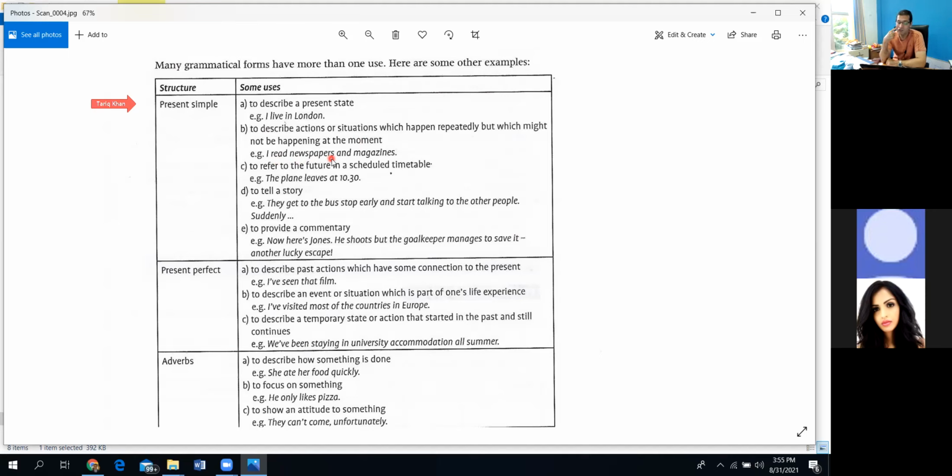So when we talk about some regular actions happening in your life, every day or every week or every month or every year, we talk about that in present simple. Something which happens at different intervals, not necessarily happening at the time of speaking, we talk about in present simple.